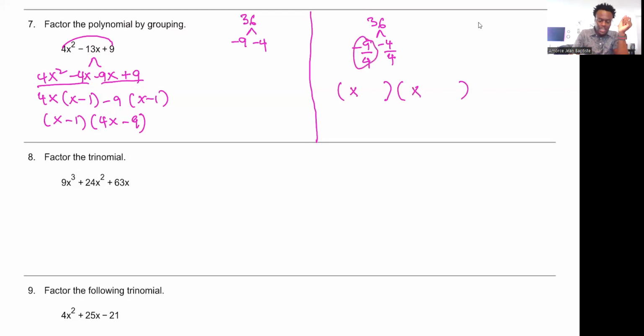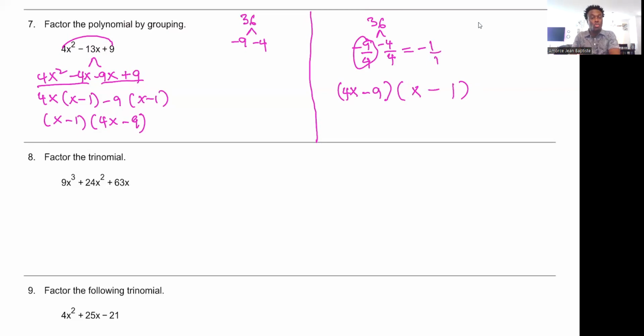The first fraction, the bottom goes with the x, and then you have a negative 9 on the side. And then the second one simplifies to negative 1. So if you want to see it as 1 over 1, it's going to be 1x, which you don't even have to put, and then minus 1.